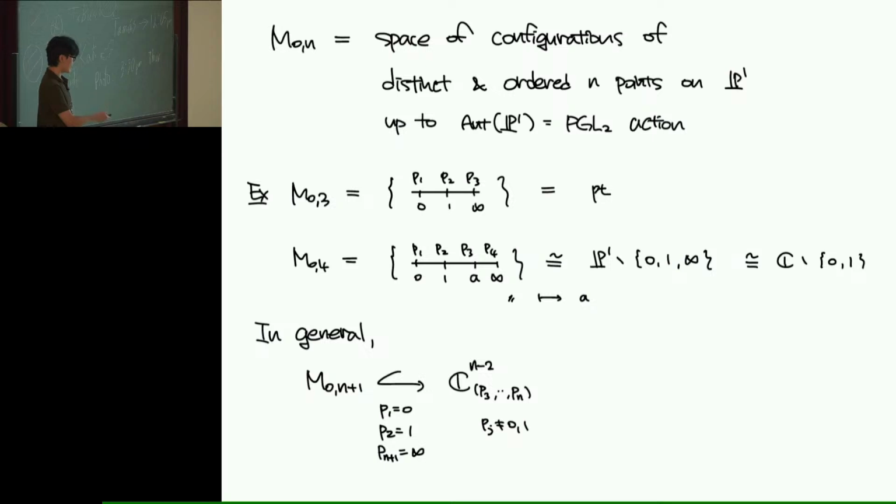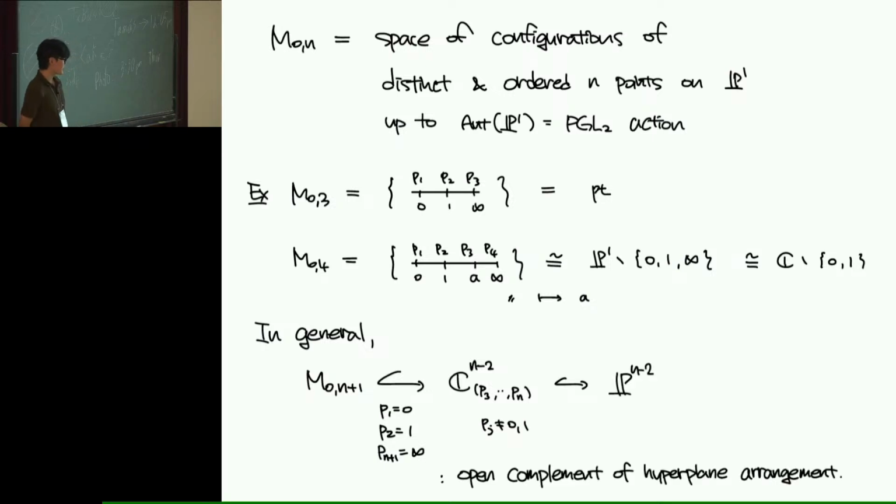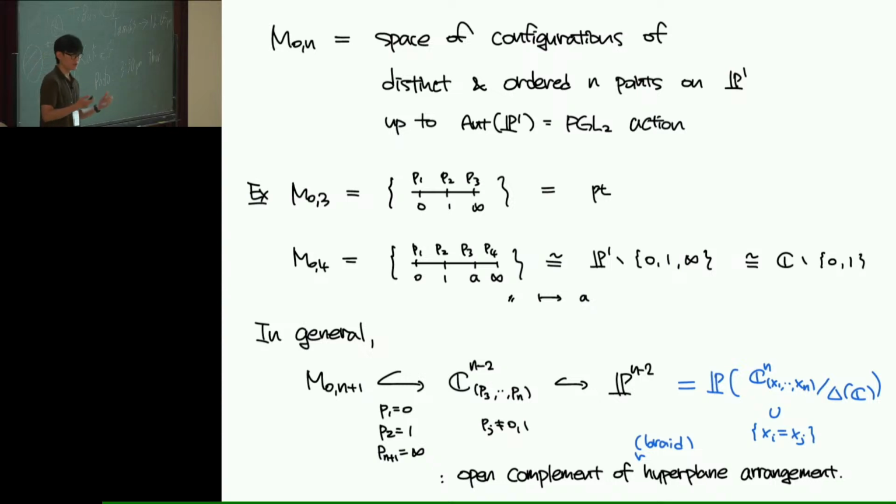And then we can compactify this in the projective space. And you can easily see that this is the open complement of a hyperplane arrangement. And more precisely, this is the complement of the braid hyperplane arrangement or root arrangement of type A.